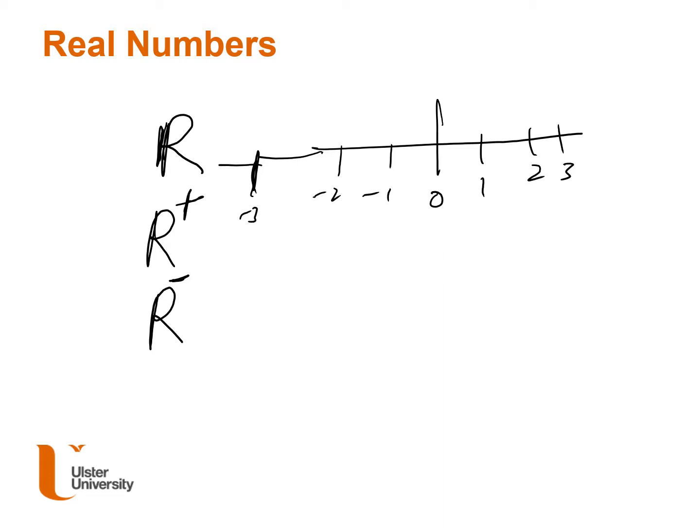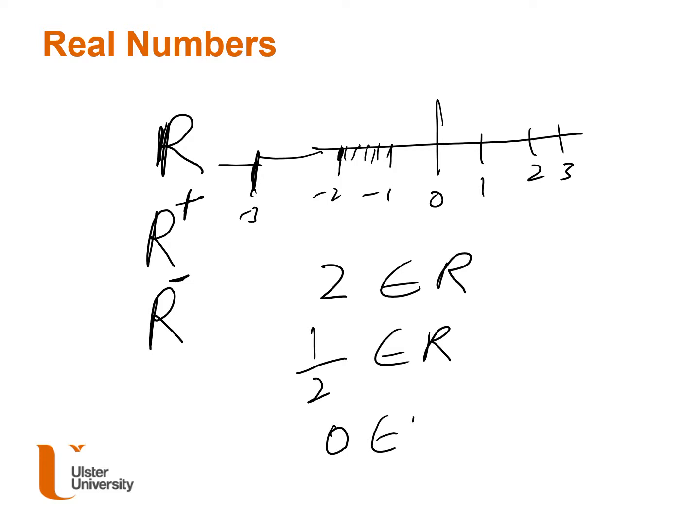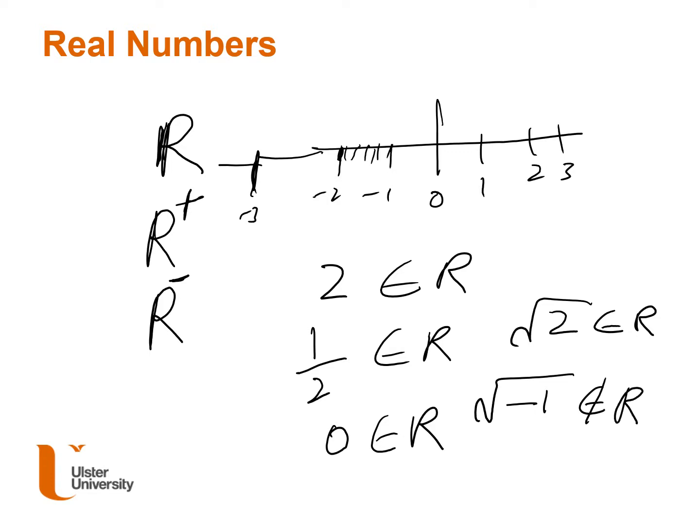All the numbers that are between, let's say, -1 and -2 are members of the set of real numbers. For example, 2 is an element of the real numbers, and of course a half is an element of the real numbers, 0 is an element of the real numbers, square root of 2 is an element of the real numbers, but remember -1 is not an element of the real numbers.